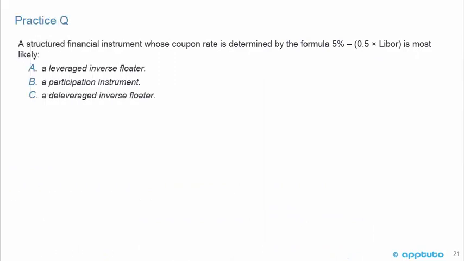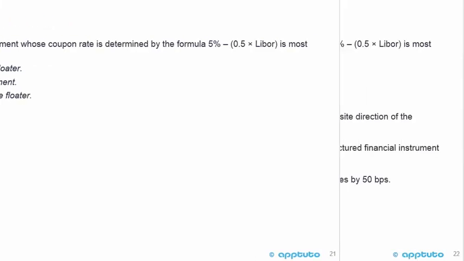And one last practice question to finish this LOS. A structured financial instrument whose coupon rate is determined by the formula 5% minus bracket 0.5 times LIBOR is most likely A, a leveraged inverse floater, B, a participation instrument, or C, a deleveraged inverse floater.